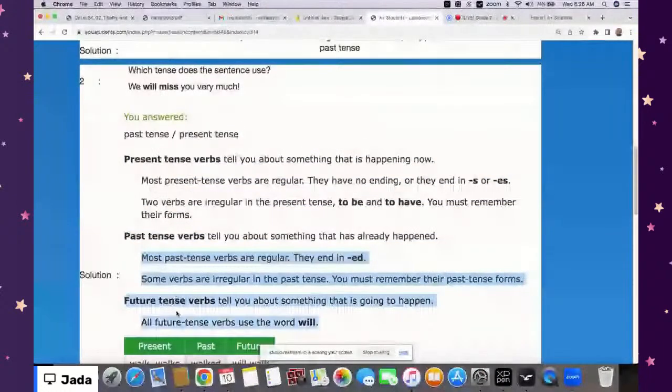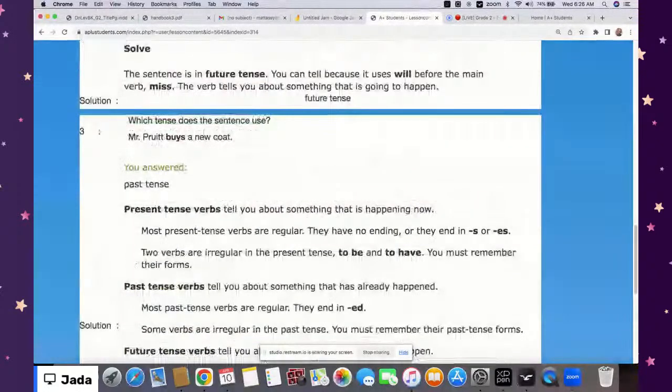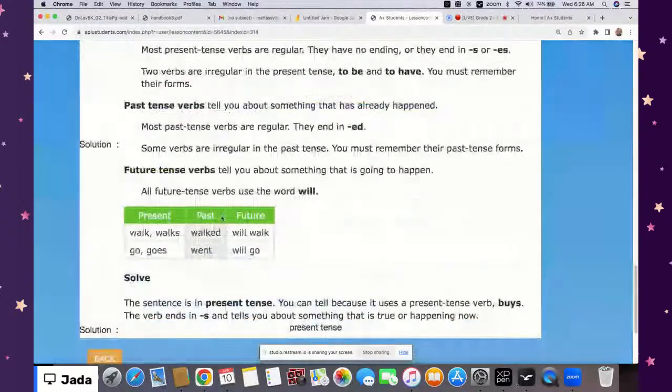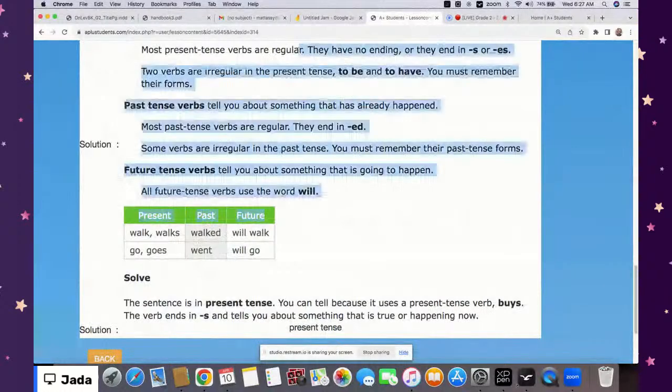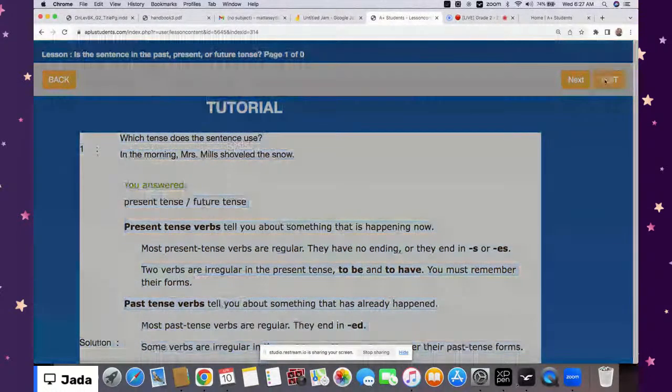They are saying, we will miss you. Mr. Pruitt buys a new coat. This is present because it shows us that he buys a new coat. So these are examples for the present, past, and future.